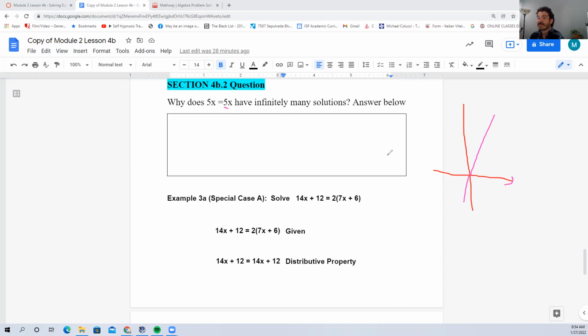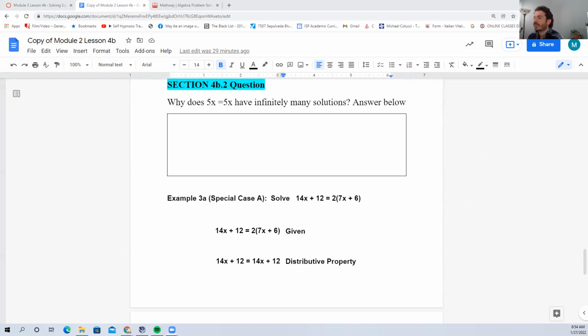So if 5x equals 5x, well, I'm looking at the same line overlaying each other, okay? And so all the numbers on that line, and again, this will make more sense later, I'm just kind of priming it, they're going to overlap and they're all going to be correct. Okay. All right, cool.